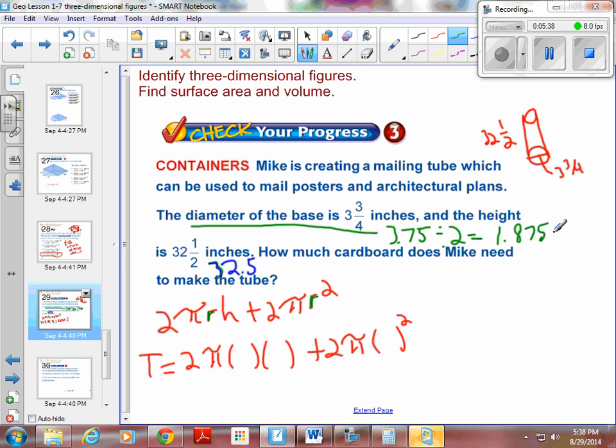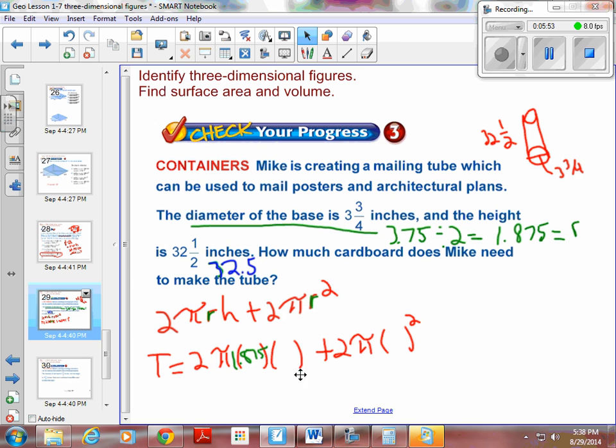Okay, so this is our r, it goes in here, so r is 1.875. There's my other r, so it's going to go in that one. And then my height was 32.5.